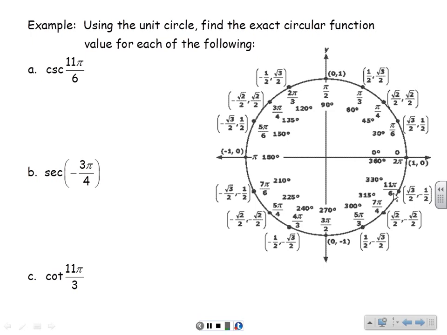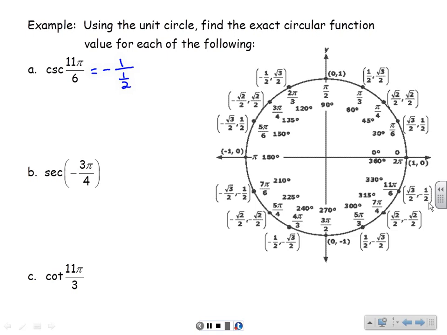And so typically we would have the y value, but remember it's going to be 1 over the y value. It is going to be negative because we're in quadrant 4, so it's going to be negative 1 over your y value of 11 pi over 6, which is going to be 1/2.